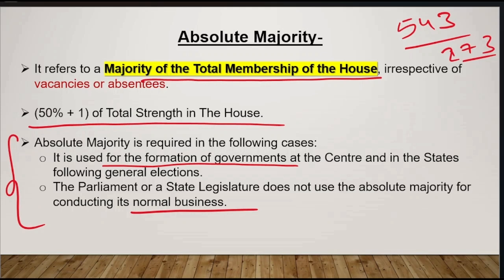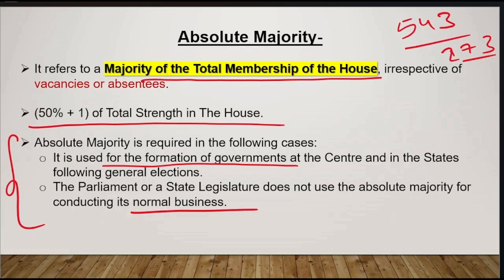Now suppose, for example, in the 2024 election we have 543 members in the Lok Sabha. That means 543 seats were contested, and the BJP government could not cross the majority mark. Now what is that majority mark? 273.